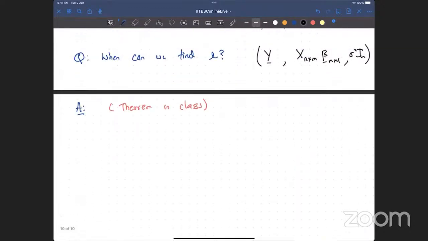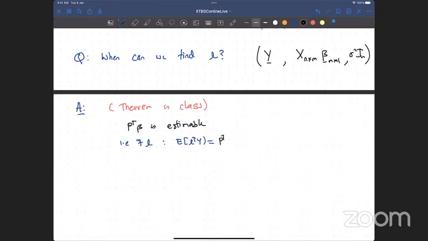Now, what I said in class was the theorem. I don't want to go into the proof right now, but the theorem says that P transpose beta is estimable, that means we can find an L such that the expected value of L transpose Y is P transpose beta.